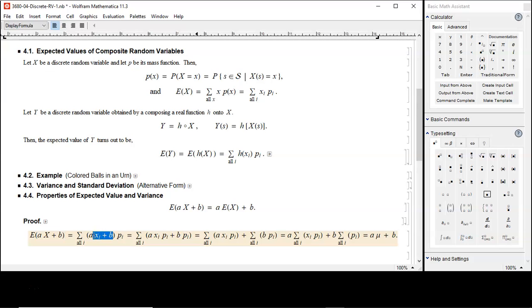So we put ax plus b in place of just x_i. And then just manipulation here. Multiply by p_i and then separate. And then take a out, take b out. This is nothing more than the expected value itself, which I just highlighted in red. And this one is actually 1.